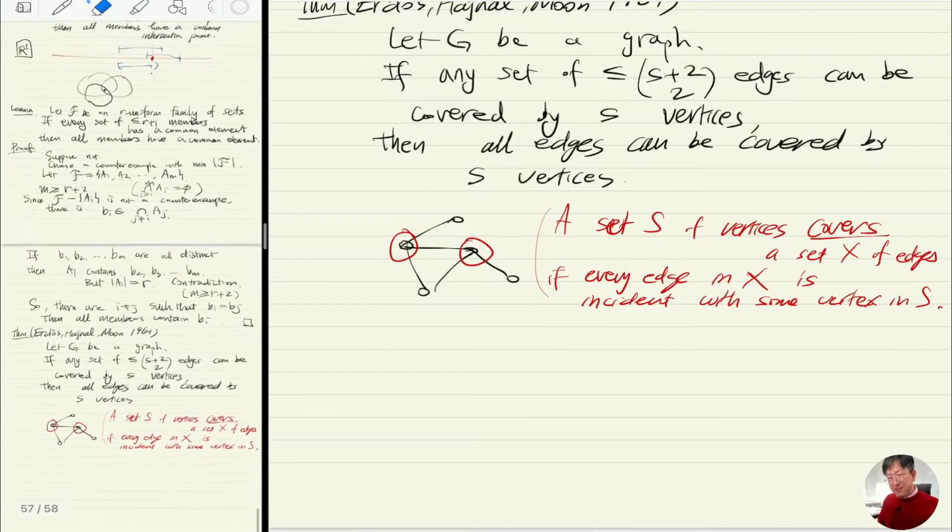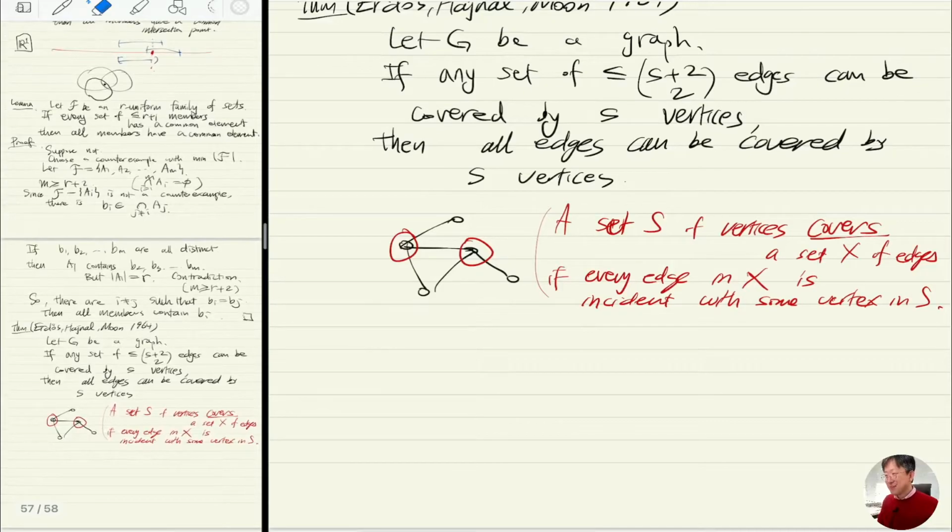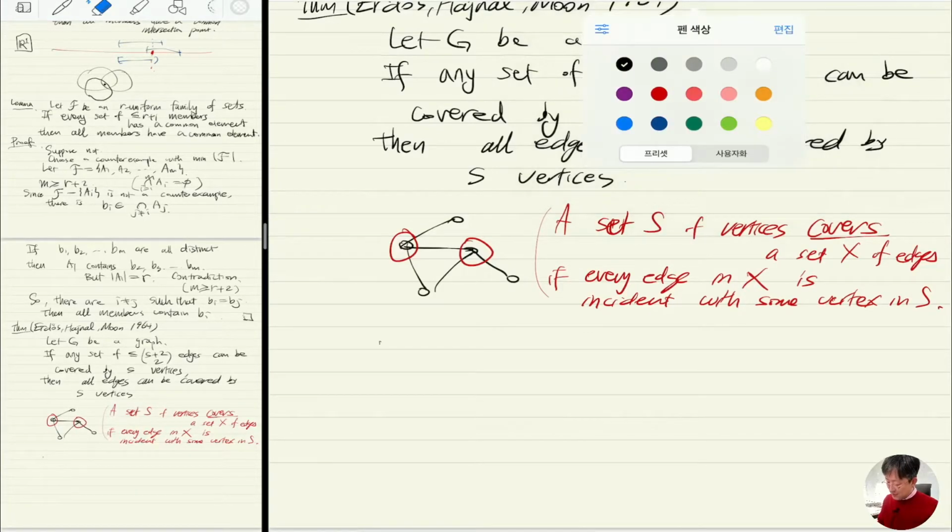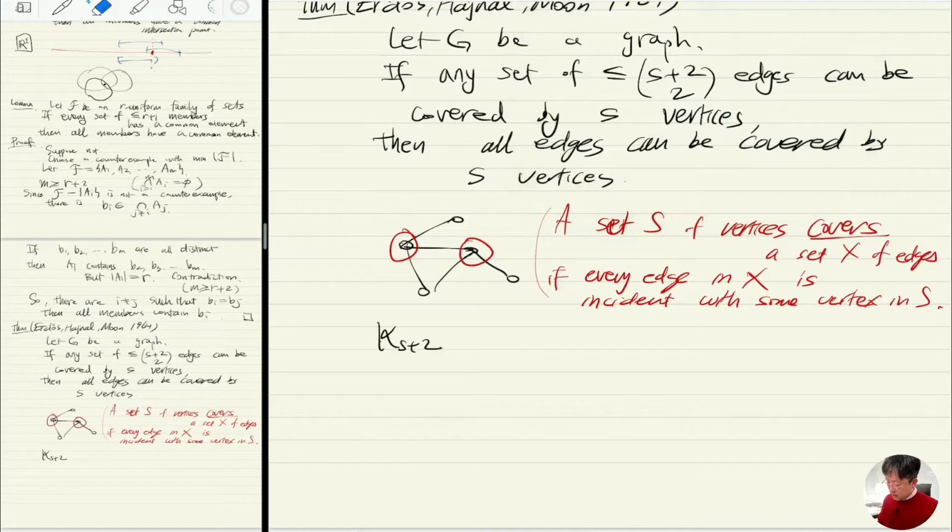And this bound is best possible. Why? Think of the complete graph on S plus 2 vertices.